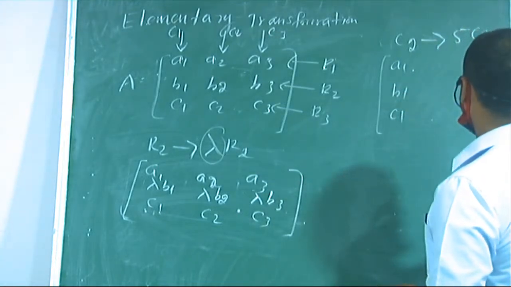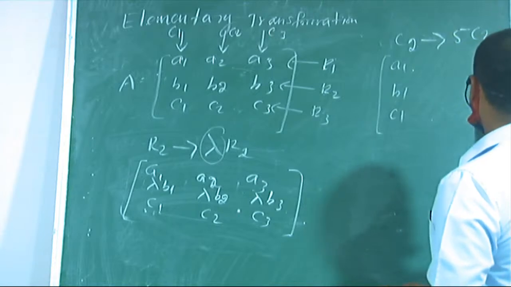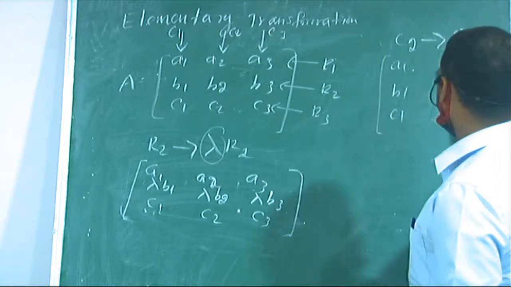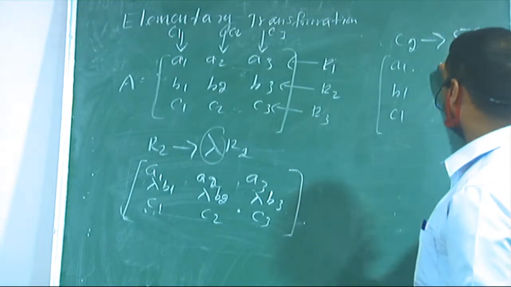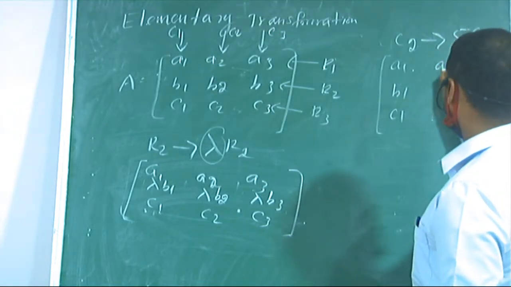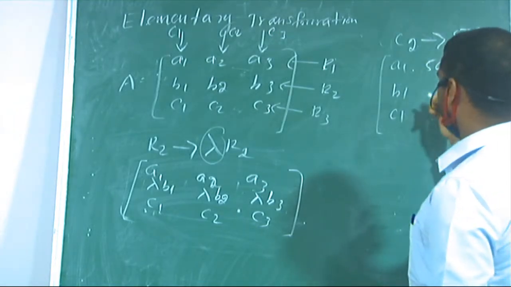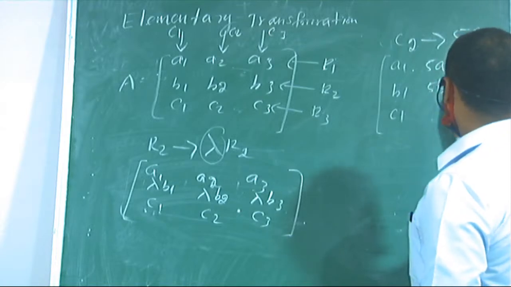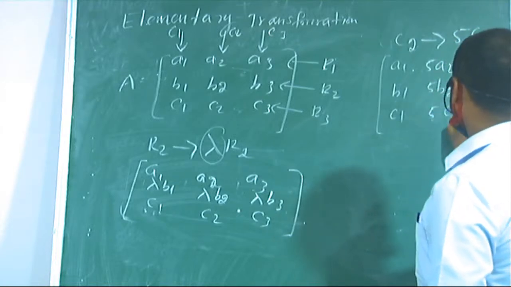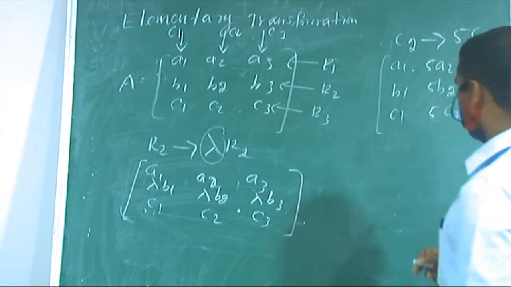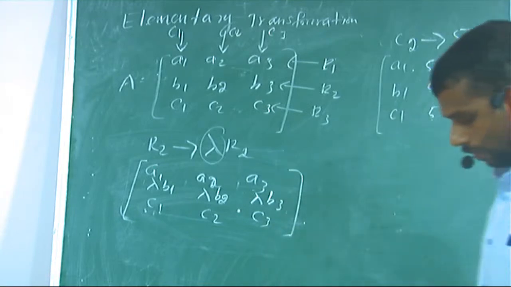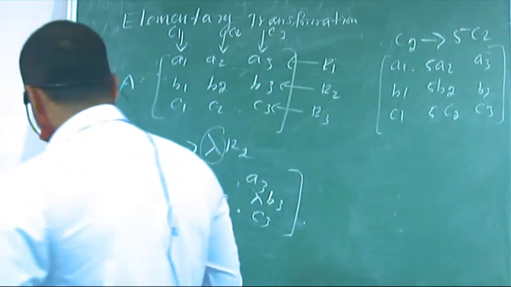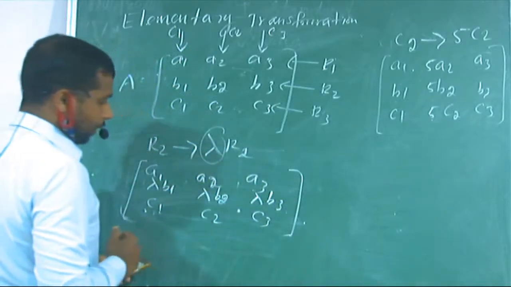C3 also stays as it is: A3, B3, C3. Each entry of the column is multiplied by the constant 5: 5 into A2, 5 into B2, 5 into C2. This is the non-zero scalar multiple for columns.